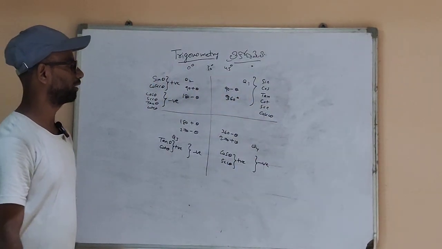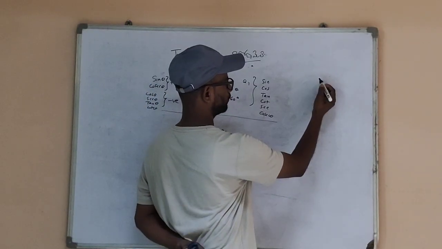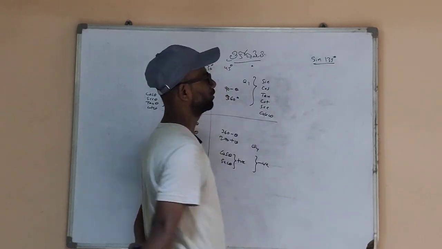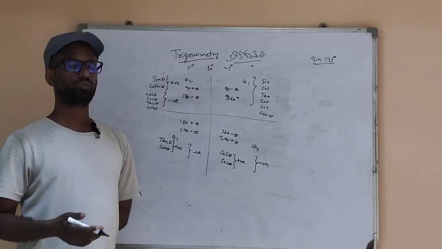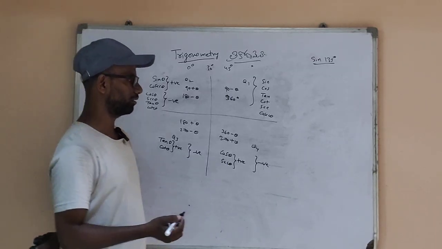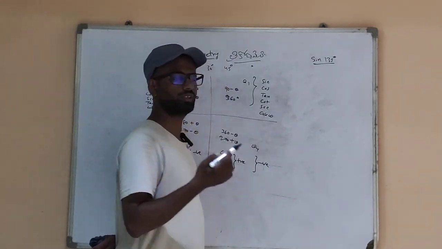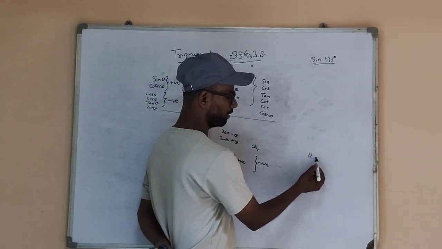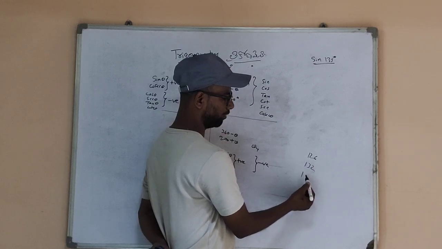See, next one. Sine 135. I think you will get a question in your mind. Sir, you are writing only multiples of 45 and 0. What about 126, 132 or 141?